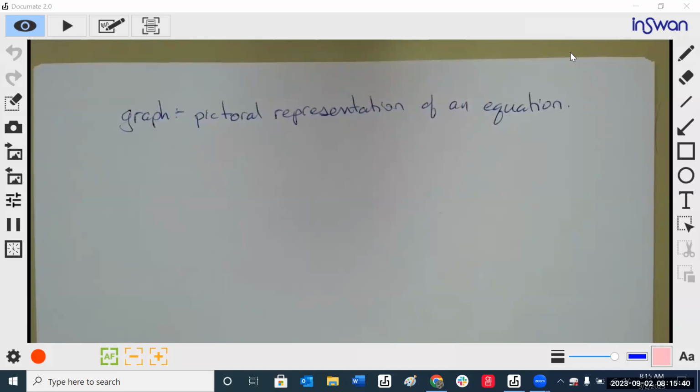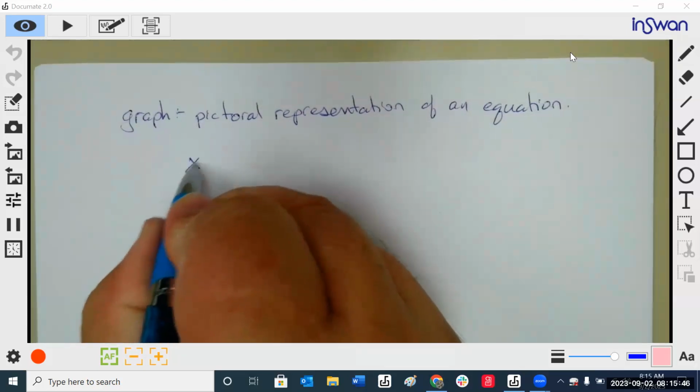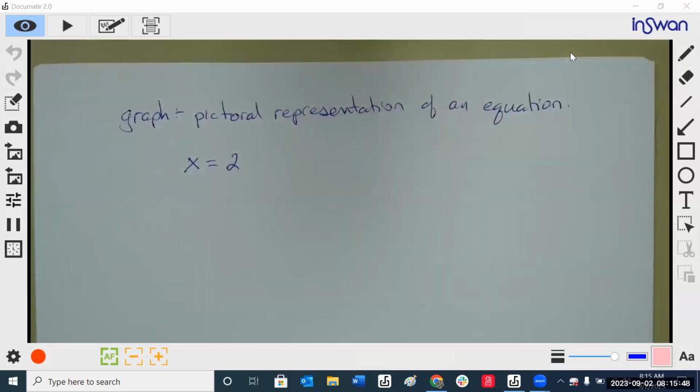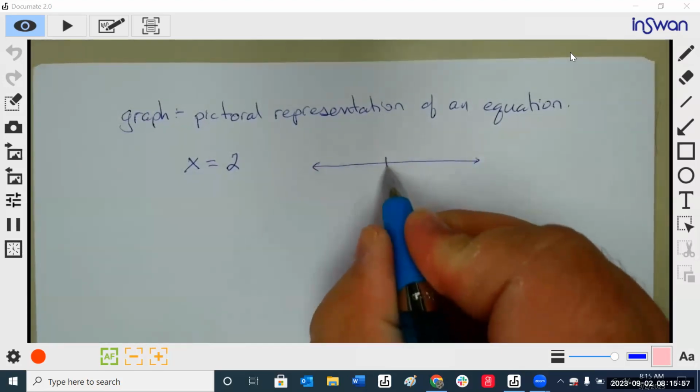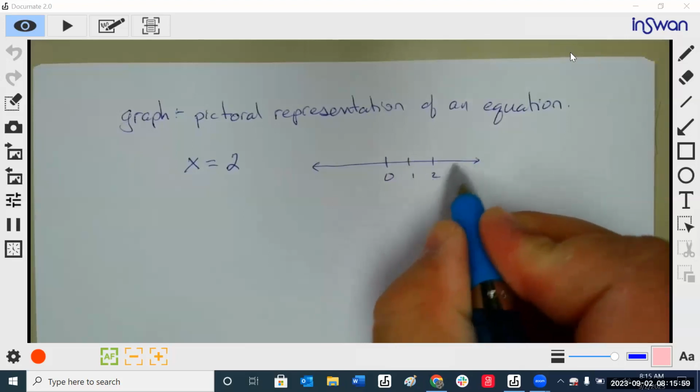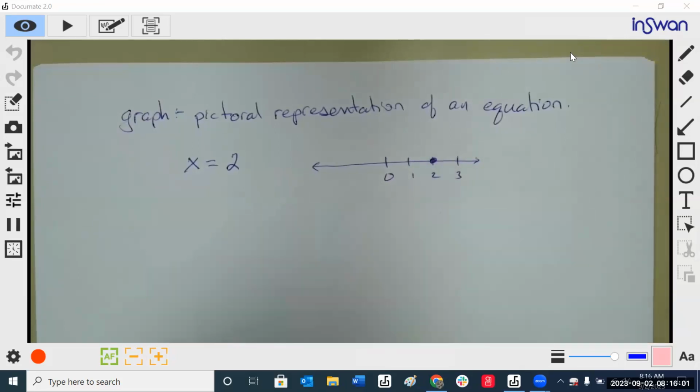A graph is simply a picture. Because if I asked you to graph this, what would you do? Yeah, you have a number line. Here's 0. And just put a dot there. It's a pictorial, it's a picture.